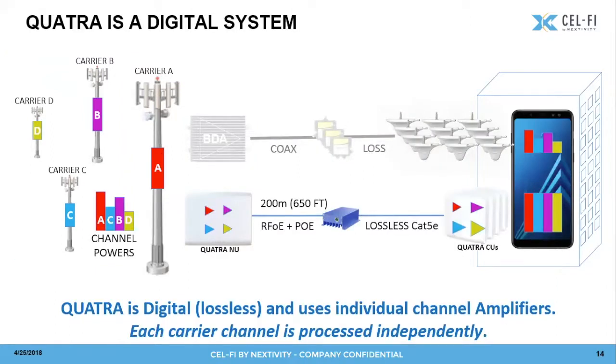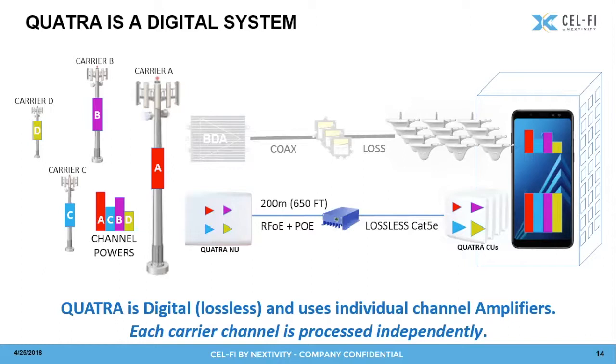Now, the Quatra architecture, being a digital system, again, is something that's very, very different. The fundamental difference that we're going to focus on here today is that Quatra channelizes the signals that are coming in from each operator. In other words, it processes each one completely separately.